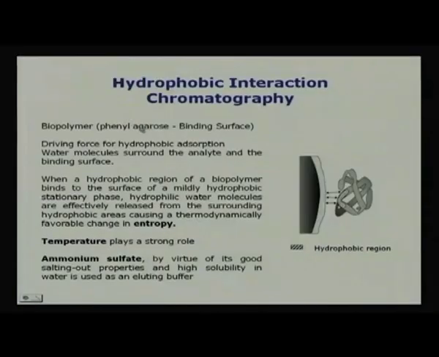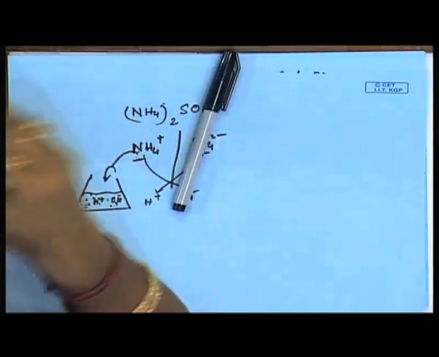When we withdraw the salt, the strength of binding becomes weaker and weaker, and the molecule starts coming out from the column. So, if we take phenyl agarose as the column, during binding we add salt, and during elution we withdraw the salt. It is just the reverse of ion exchange chromatography.